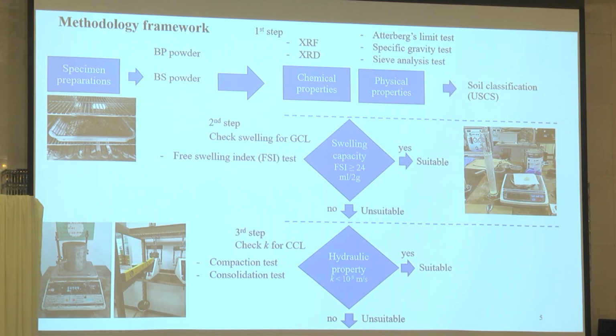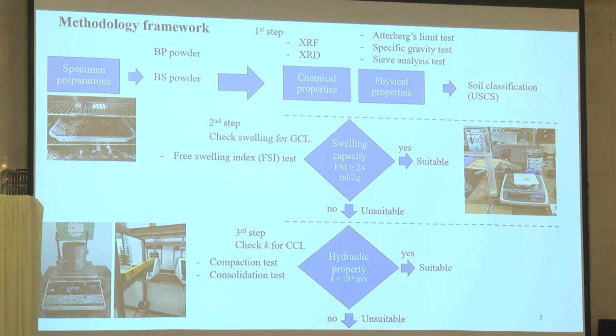Starting with the methodology framework, we first start from specimen preparation. We oven-dry it and then grind the BS into powder. Firstly, we investigate the chemical and physical properties of the material. For chemical properties, we conduct XRF and XRD. For physical properties, we conduct Atterberg limits, specific gravity and sieve analysis for soil classification under the USCS standard.